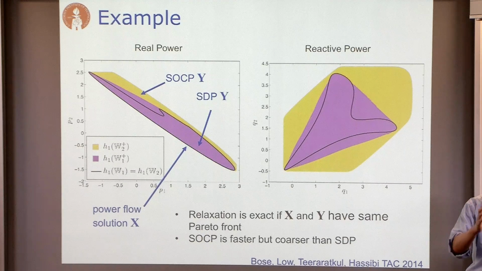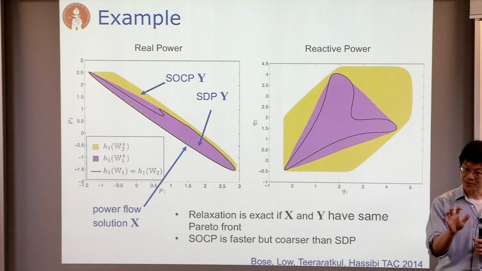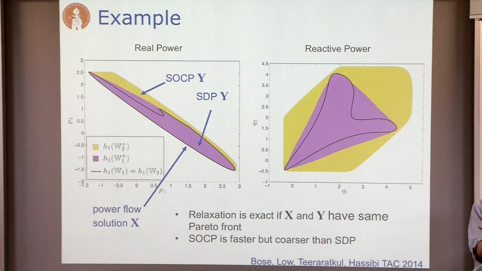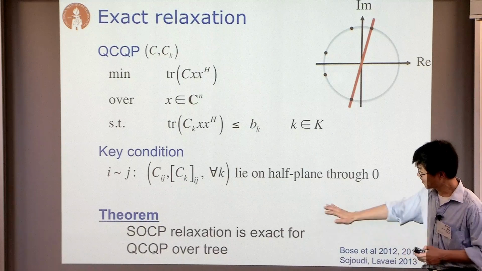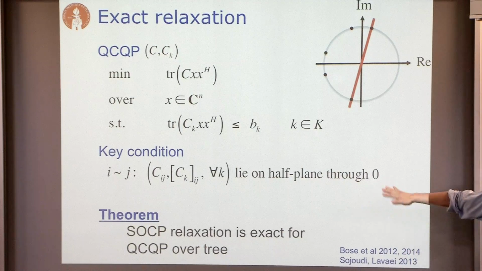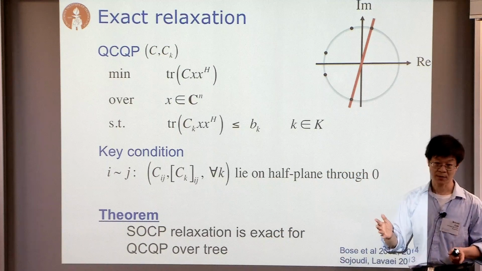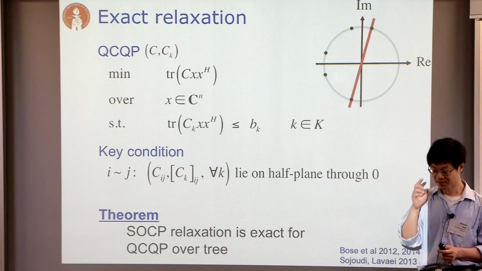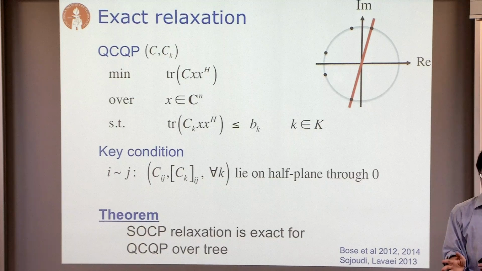Now, to the other extreme, if you assume there's potentially a phase shifter that allows you to change the phase on every line, with a similar effect to capacitors, then the sufficient condition that holds only for the radial network will hold for the mesh as well. And it turns out you don't need an adjustable phase shifter at every line in the network.